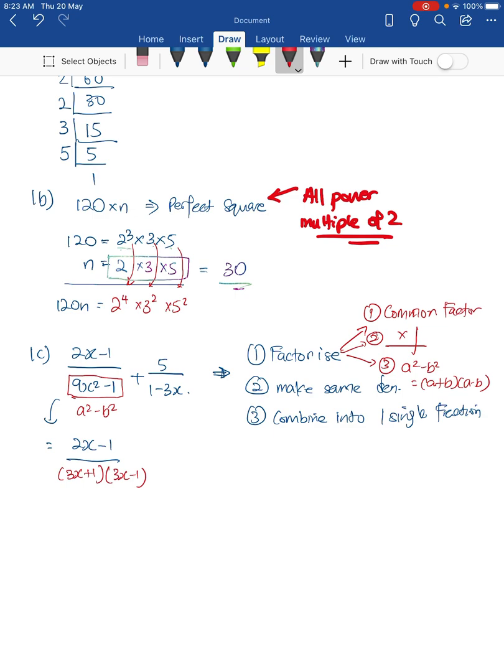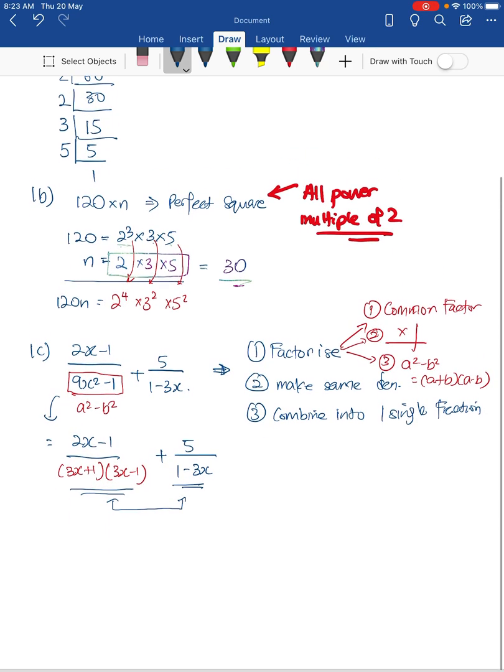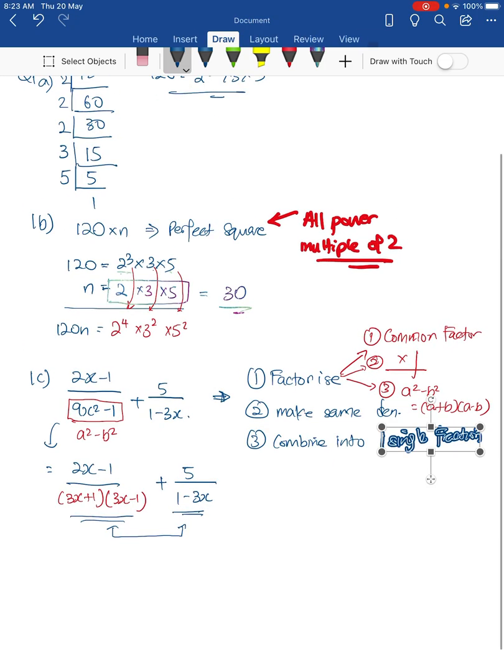Once we have that, we write down the original fraction, and now we compare whatever denominator we have with the denominator over here and see what the differences are or anything similar. Usually we need to make them the same denominator. In this case, they are quite similar, not exactly the same, but quite similar. So we convert them.